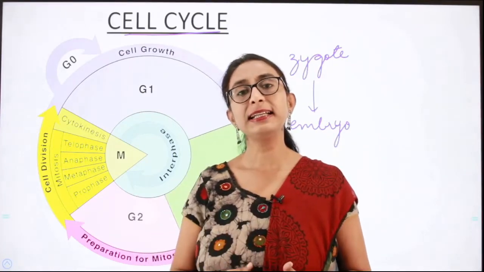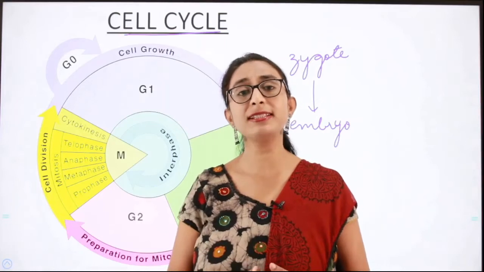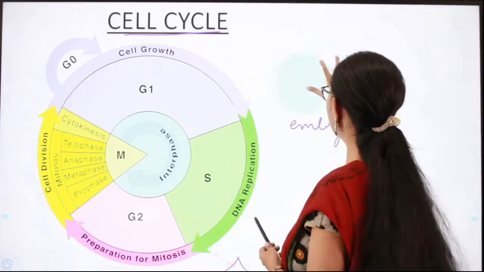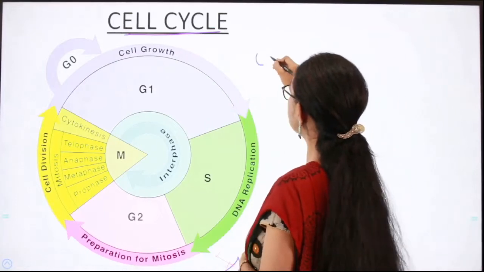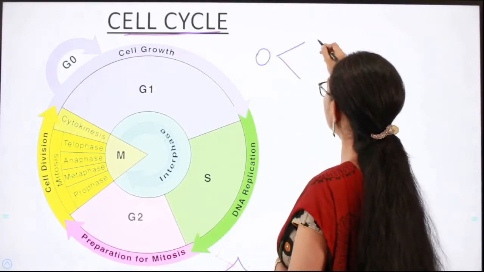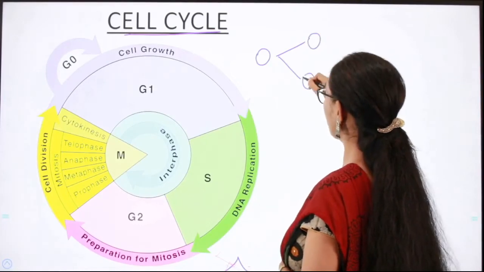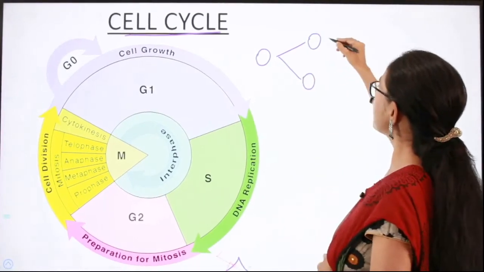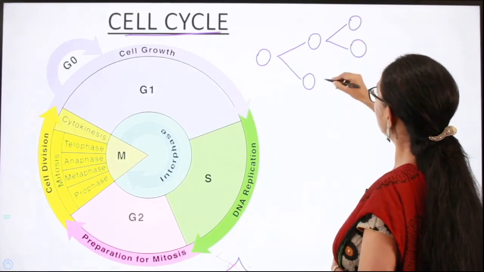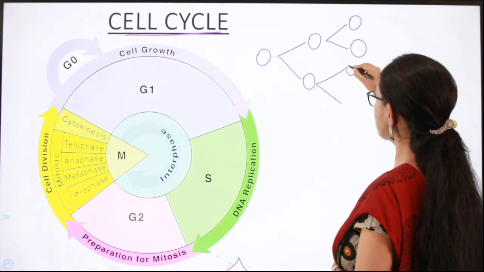So, how is it that a single cell can give rise to a huge population of cells? One cell divides into two. Say, this is the parent cell. It divides into two daughter cells. Now, these daughter cells further undergo division, giving rise to four cells.